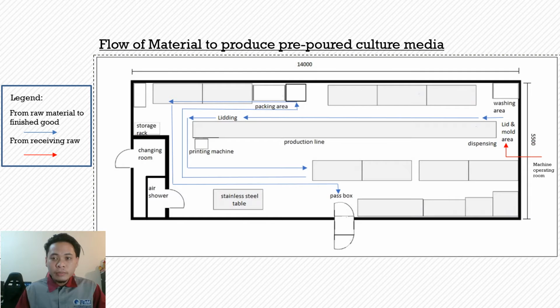Then the product will be processed at the production line, labelling and printing. After that, the workers arrange and stack the product at the steel rack and let the product dry in the clean room. Lastly, the product will be packed by customer orders through the passport.